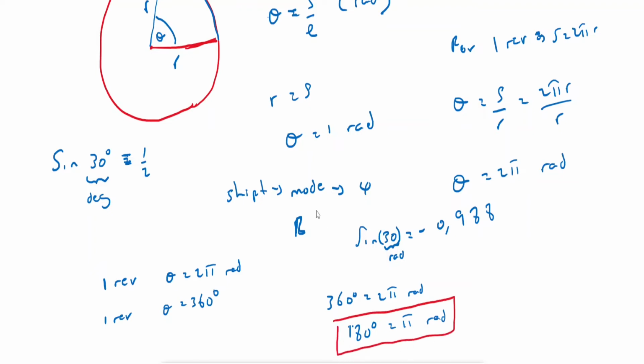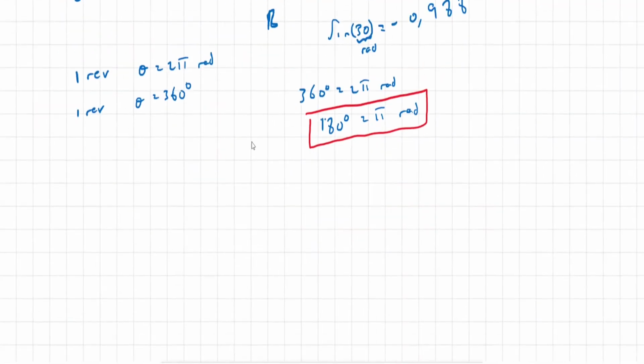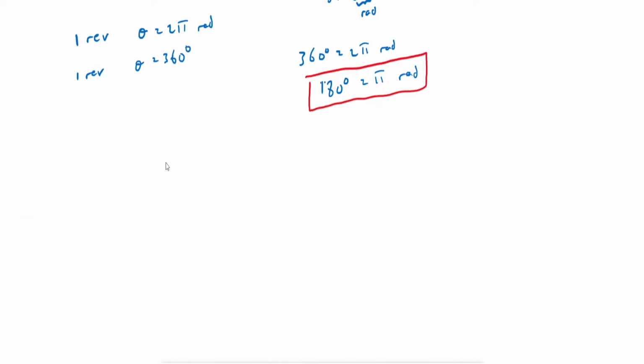Now let me revisit the example of sine 30. I know that if my calculator is in degrees, I'm going to get half. So how do I get my calculator back in degrees? Just press shift, then mode, and then press 3, and you'll see on top there is a D letter.